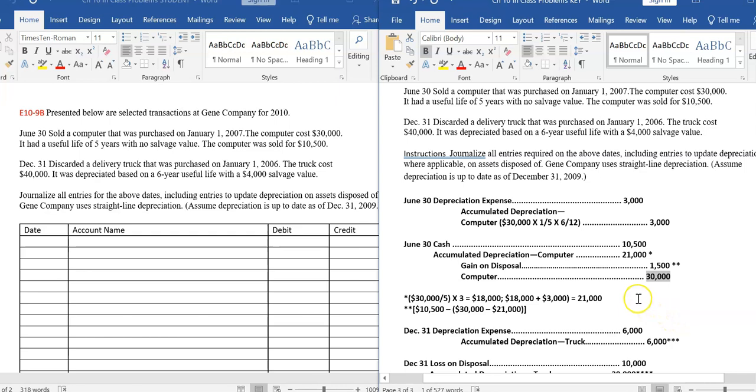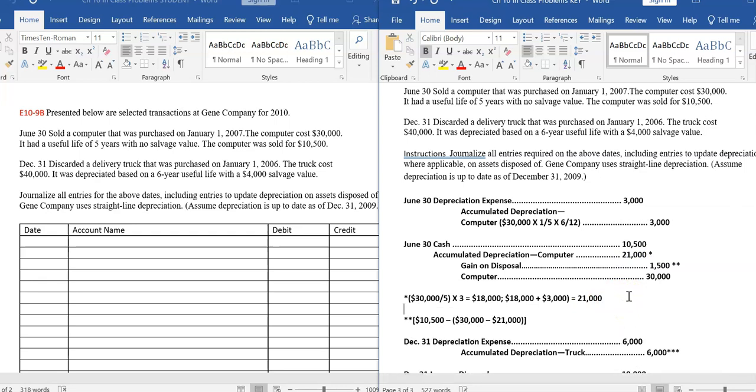When we stop and think about it, we received cash of $10,500 for an asset that was worth $30,000 less $21,000 in accumulated depreciation, or $9,000. So let me go ahead and make it a little bit easier to see. The asset's book value is equal to its original cost minus its accumulated depreciation.